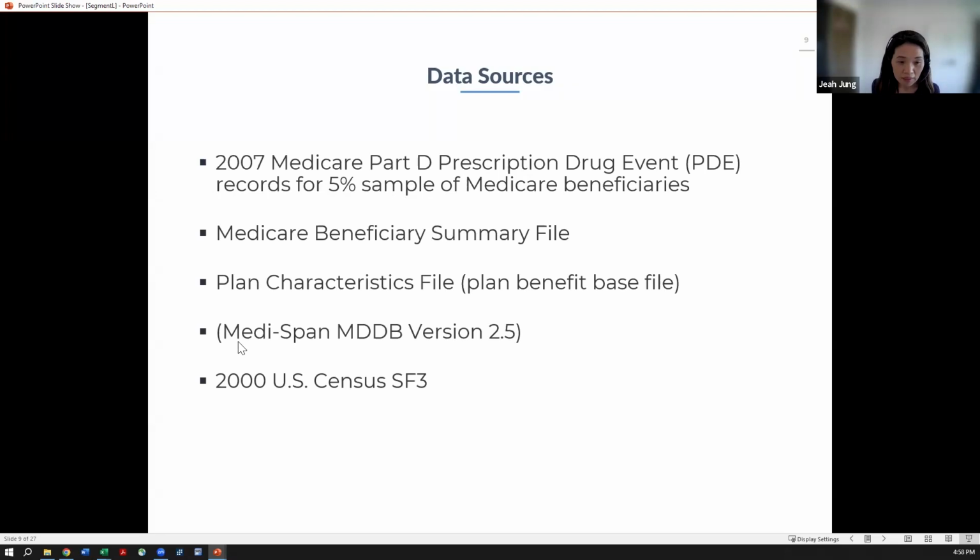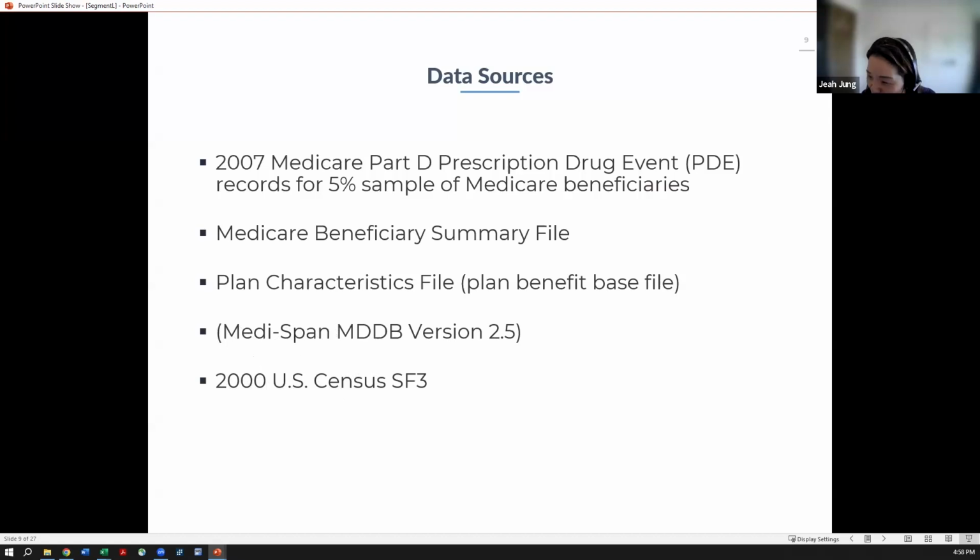And then here, I actually did have Medispan just to identify statins, but it's not necessary to do this study these days, right? And also we had some area, county or zip level information from other public data sources. Medispan, that's cheating. Why is it cheating?